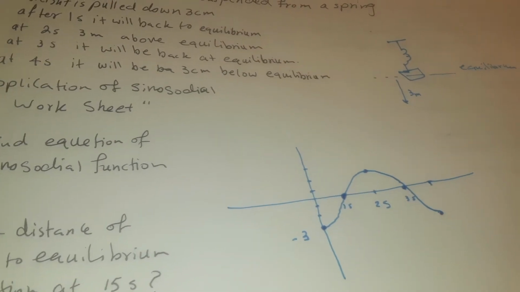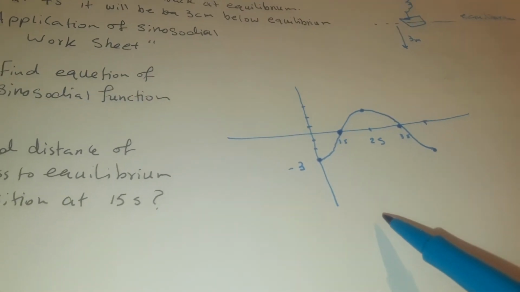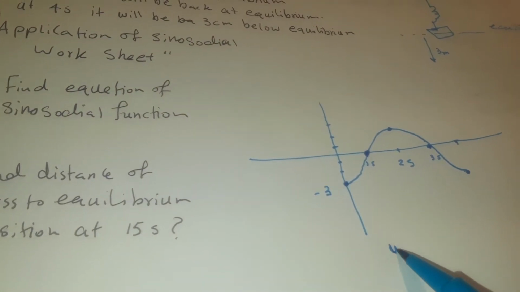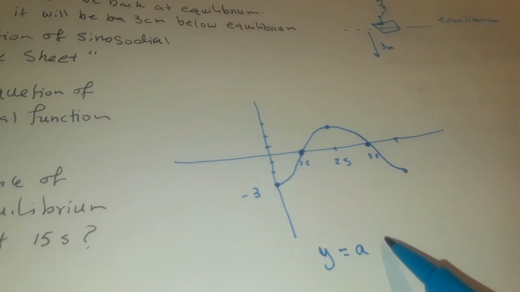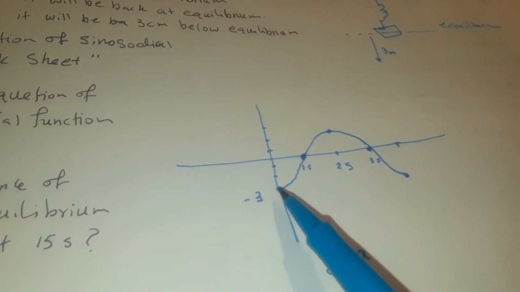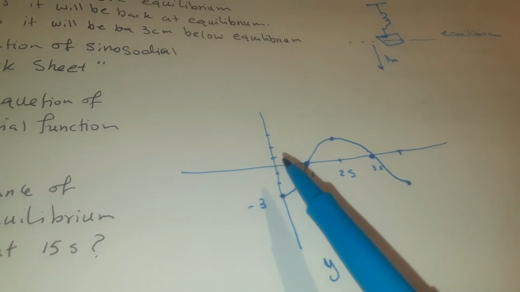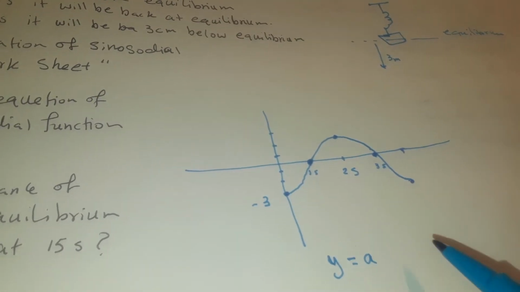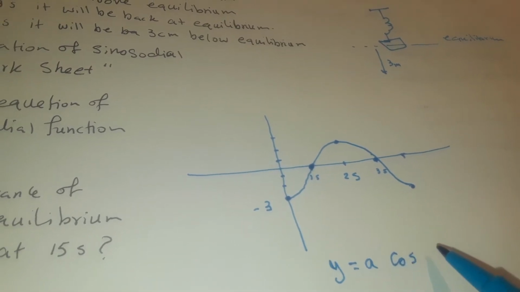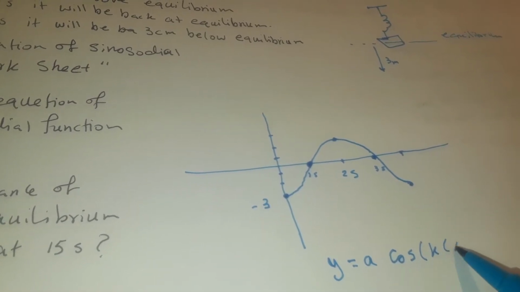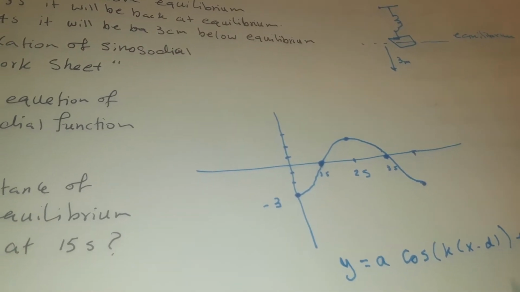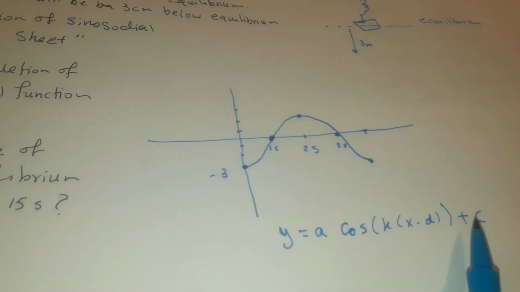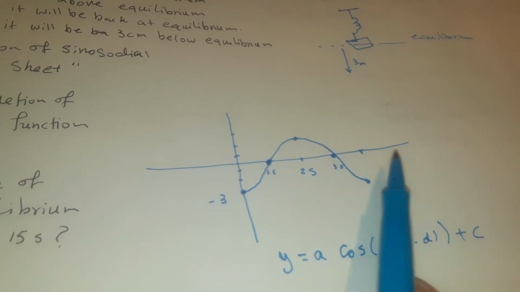So the equation for this, everyone knows the general equation of this graph. y is equal to a sine or cosine. Here I prefer the sine because this starts at minimum, or if this starts at maximum, it would preferably be cosine. Cosine of k(x minus d) plus c. First of all, the c here is the axis of symmetry. It is obvious. This is 0.